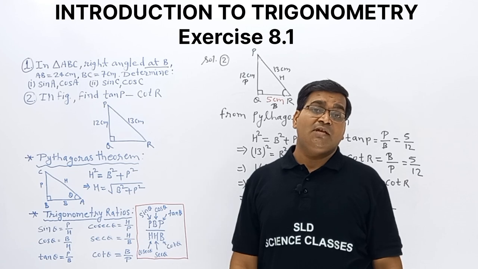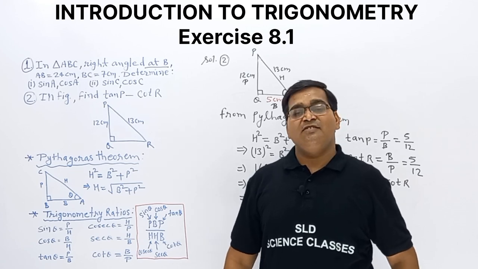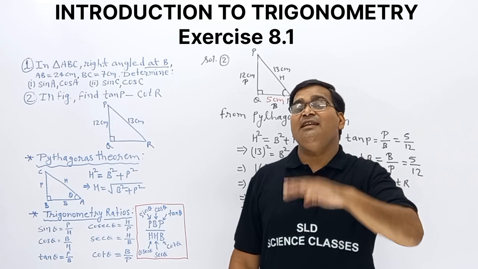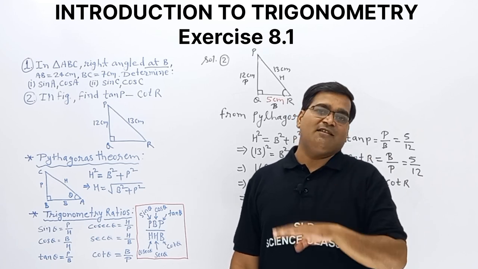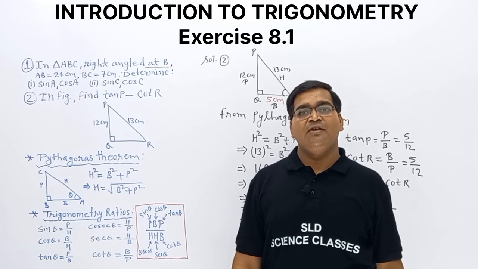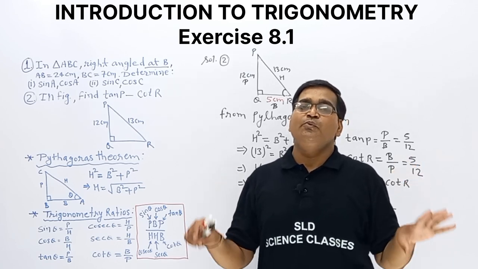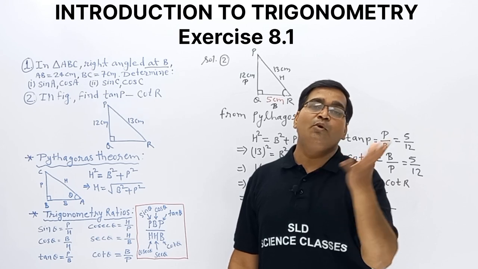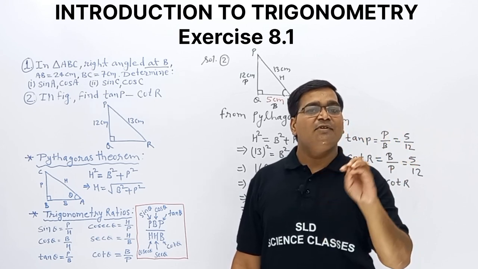This is linked to trigonometry, which is new for the 10th standard. It means trigonometry starts from the 10th class. After this class, you will learn more about trigonometry. In this standard, we have only a basic introduction. There are 3 exercises.